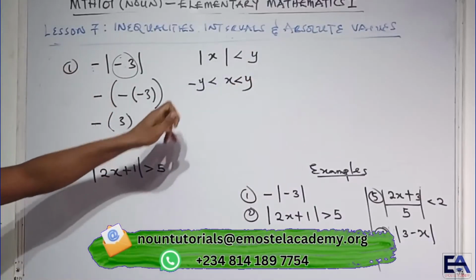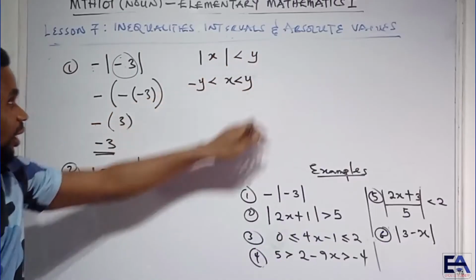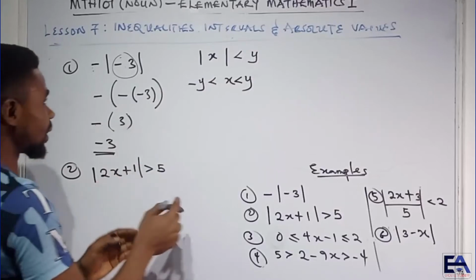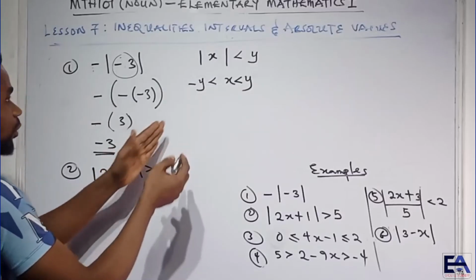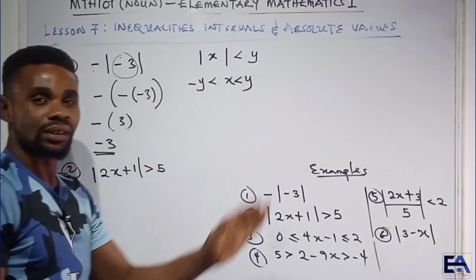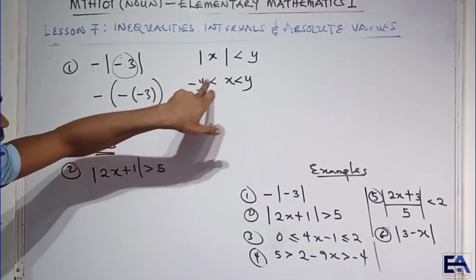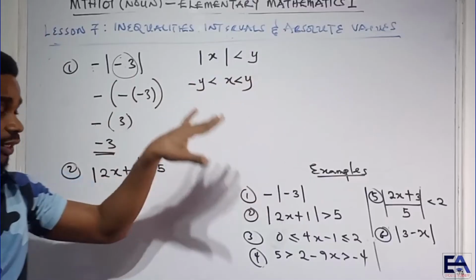So what you do is convert it to an inequality. In that case, it means the range of values of x is going to be between negative y and positive y. It's going to be minus y less than x less than y. I explained the reason why this happened in the previous video.